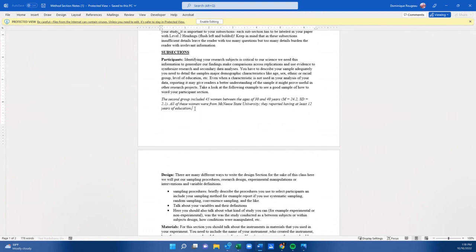How many females? What percentage of males? What percentage of females? How many freshmen, how many sophomores, things like that. So talk about what's called the descriptive statistics of your participants, which are things like mean, frequency, the highest age, or your high and low ranges.